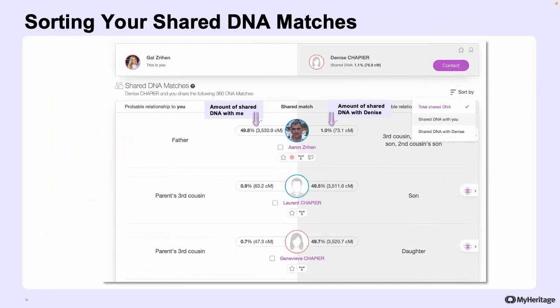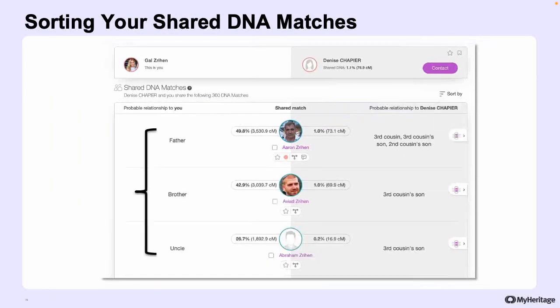And when we combine these percentages, this is the number that actually sorts the shared DNA matches list, the total shared DNA. Now, I can choose to sort the shared DNA matches by the shared DNA with me. So let's click on that.